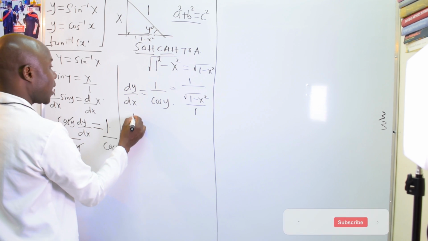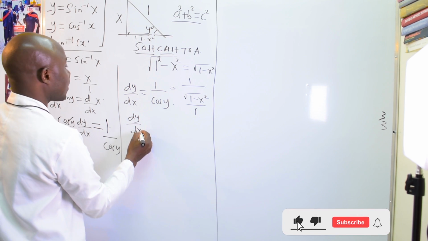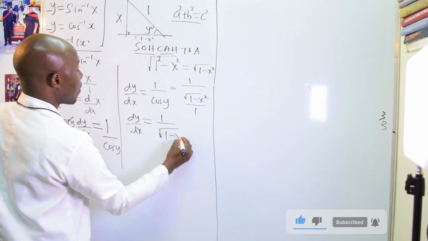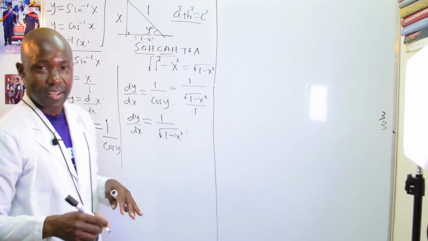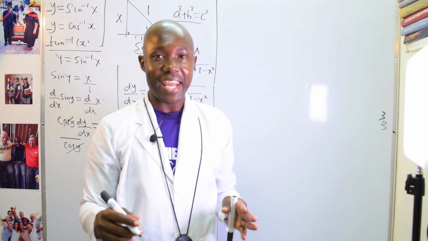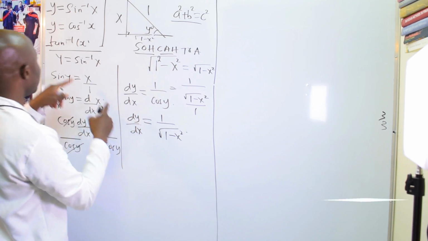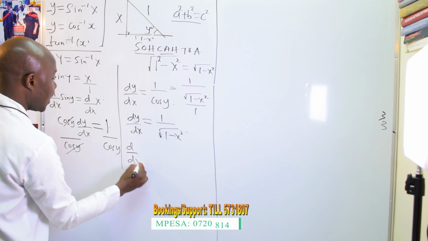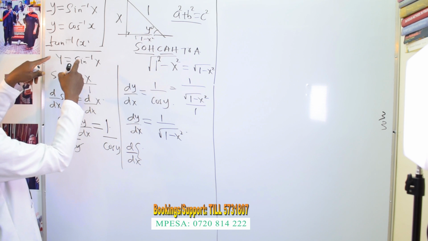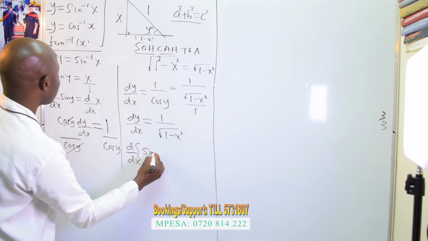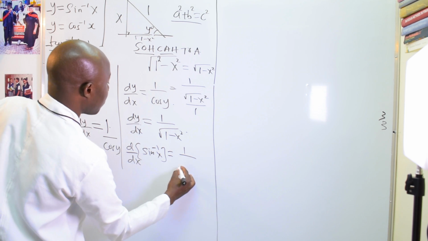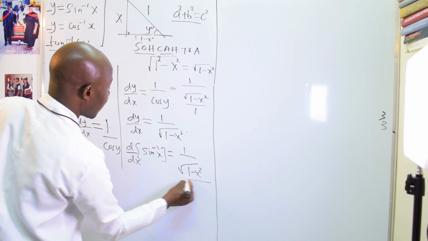Okay? So your dy/dx should be equal to 1 over the square root of 1 minus x squared. That's now the derivative of the sine inverse. Remember, our y is the same as the sine inverse. So we write d/dx of y, and my y is the sine inverse of x, now becoming 1 over the square root of 1 minus x squared.